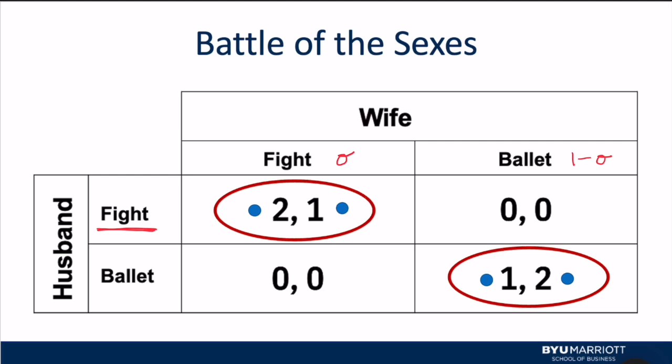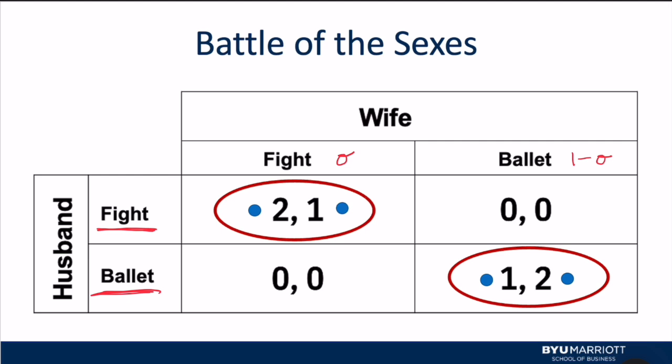If I know the probability of my wife choosing fight or ballet, then I could calculate on average what my utility will be if I pick fight every time. And then I could do the same thing for ballet. If I picked ballet every single time we played this game 100 times, what would be my average utility? If my average utility for fight was higher than my average utility for ballet, then rationally I should choose fight, because on average I'm going to get a higher payout.